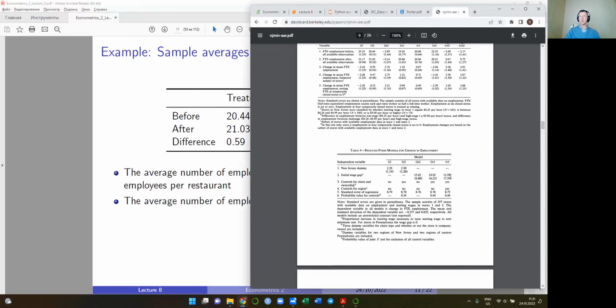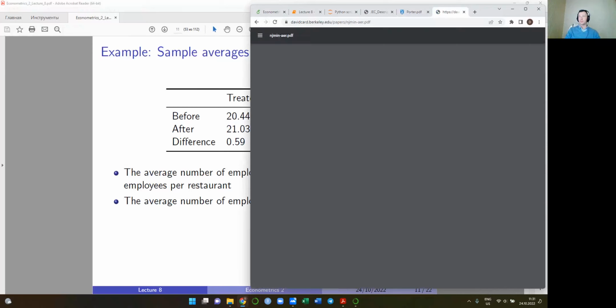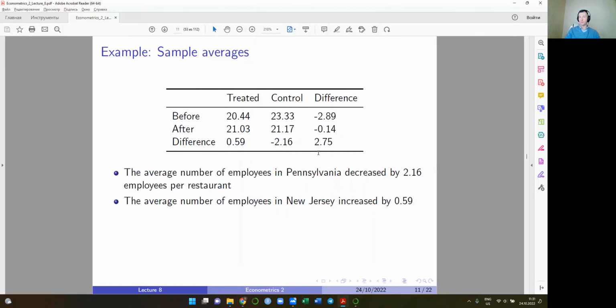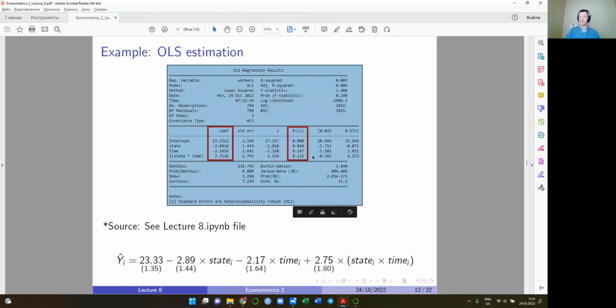So the wage gap reduces when they control for additional variables. If you want, the paper is available for free. You can go there, read, and study this better. So overall, of course, statistical significance matters. Don't forget about this. In the baseline model, this statistical significance is not shown.